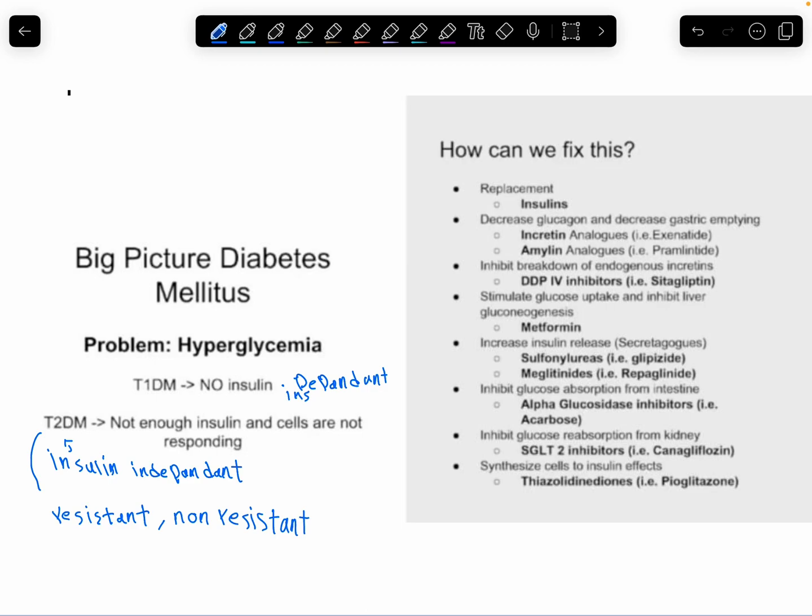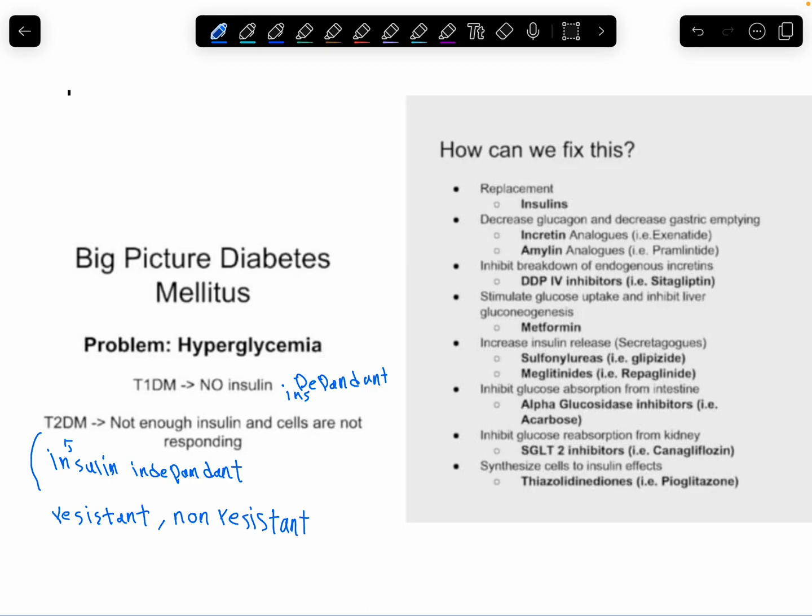Okay, how can we fix this problem? Hyperglycemia. How can we fix this problem? You might have discussed in physiology, maybe pathology and biochemistry. Ultimately means finally, akhir.